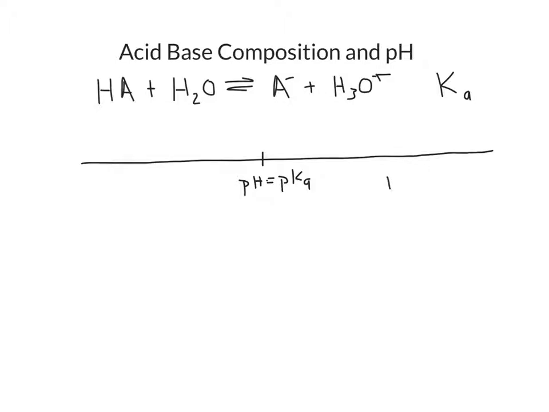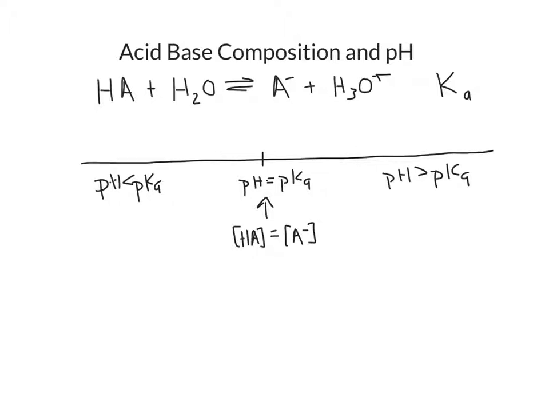So here pH is greater than pKa, and here pH is less than pKa. Notice that if I'm in the middle, I will have a composition of my solution such that my conjugate acid and my conjugate base have the same concentration.